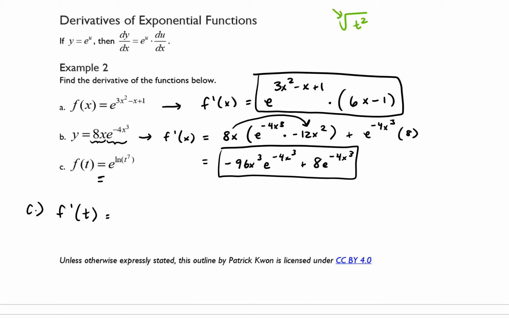The square root and then the squared are inverse functions of each other, and so they kind of undo each other, and this just ends up equaling t. Similarly, e and natural log kind of undo each other, or sometimes people will say cancel each other out. And so this can be rewritten as just t to the 7th power. So we can use power rule on that, so it would be 7t to the 6th power.